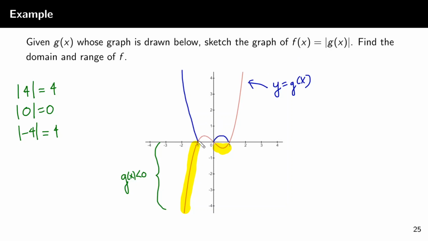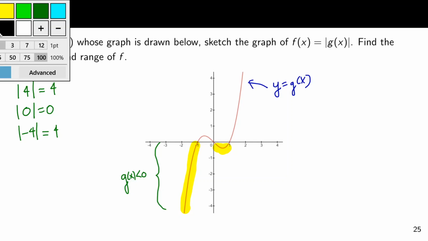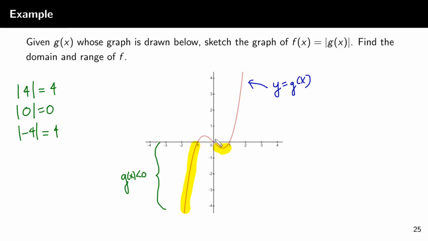So, I'm going to trace now the graph of f of x equals absolute value of g of x. So, ito siya ngayon. Maybe let me use a different color. Let me use pink. Okay. So, again, ito yung reflected na part. Ito rin. Ayan. So, for all the other portions, yung mga nasa taas ng x-axis, well, wala nang effect yung absolute value sa kanila. They will remain unchanged.